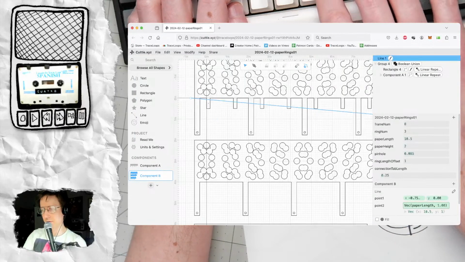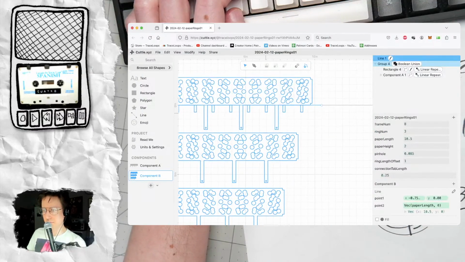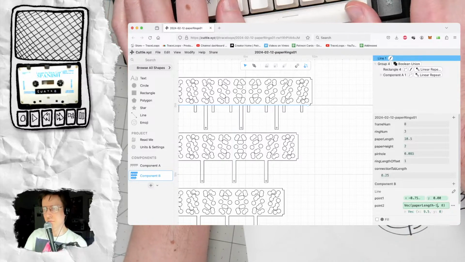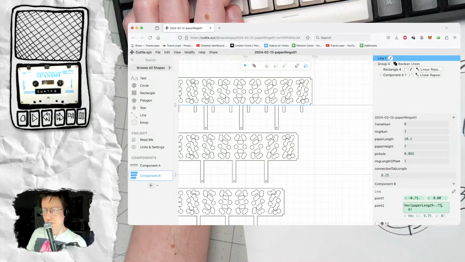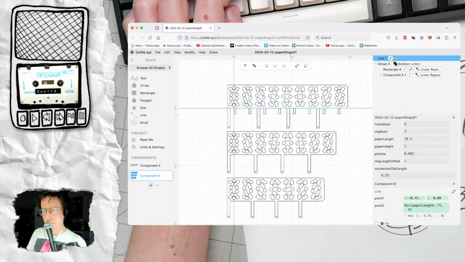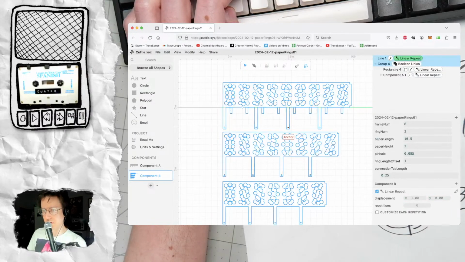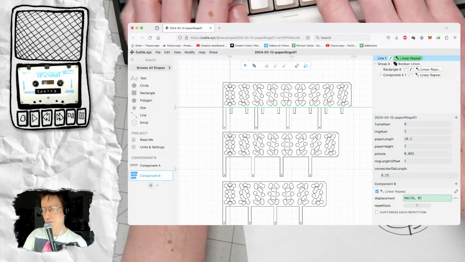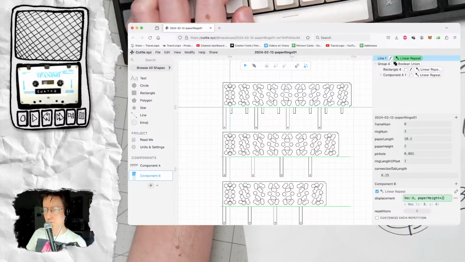Paper length 0. Modify linear repeat. 0. Paper height times 2. 3 instances. Customize each repetition.